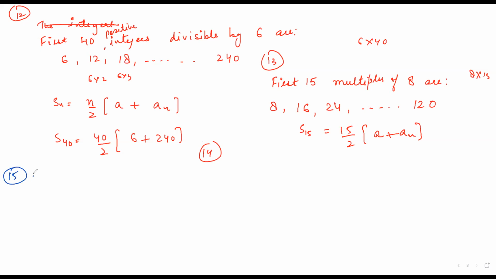A contract on construction job specifies a penalty for delay of completion beyond a certain date as follows. Rupees 200 for the first day. That means your A is rupees 200. Rupees 250 for the second day, so A2 is 250.